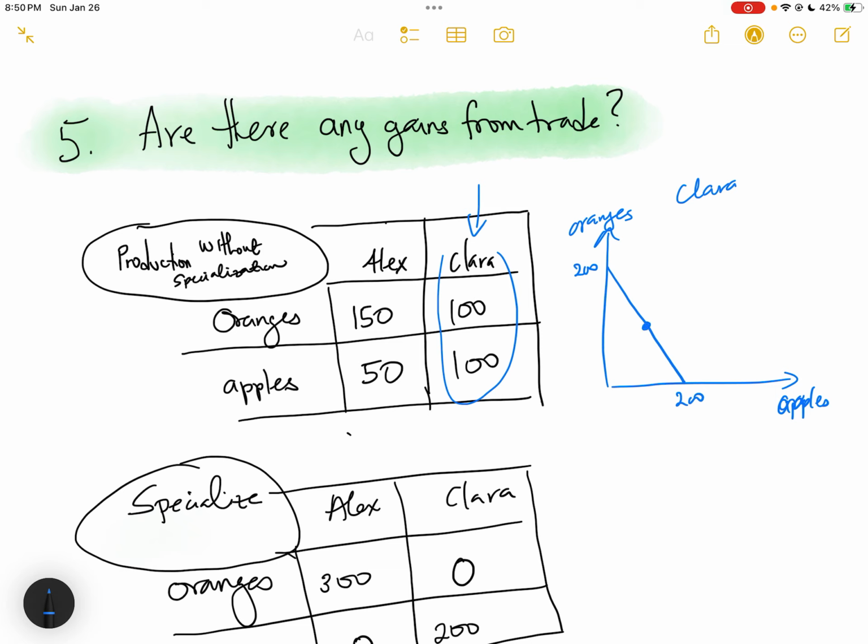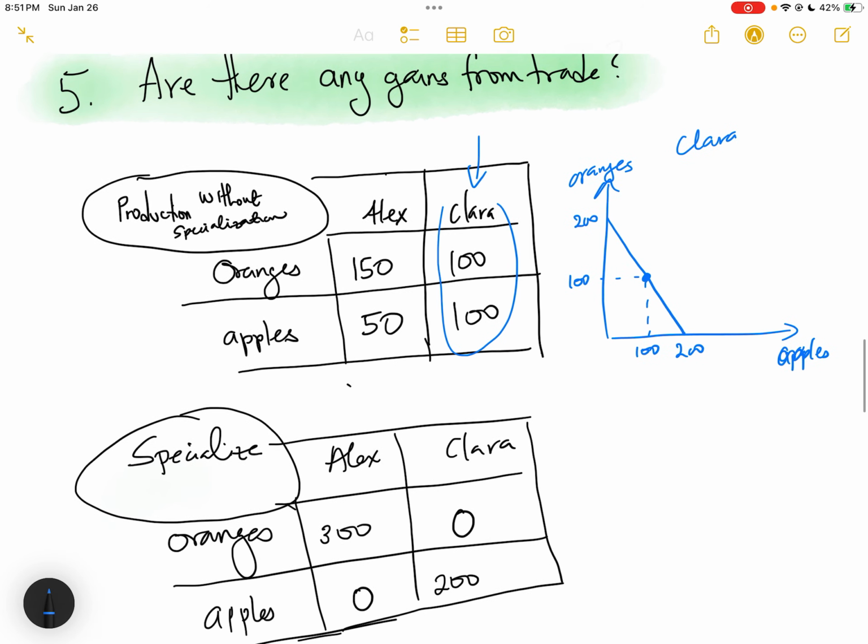So right here. This is where Clara would be without any specialization and definitely without any trade, right on her PPF. What about Alex?